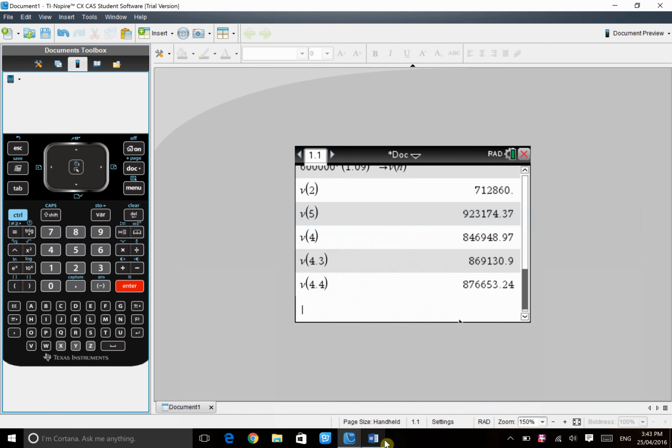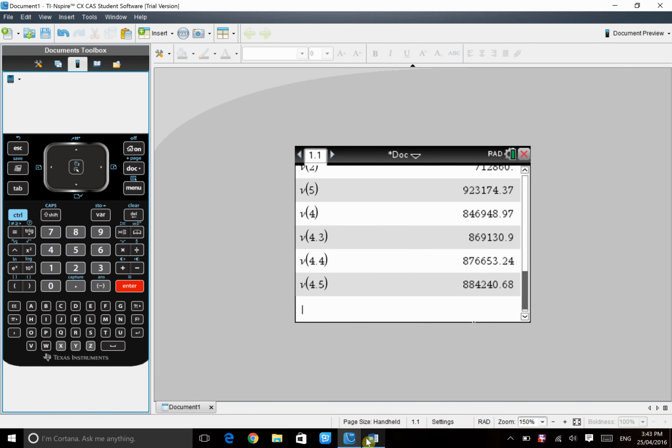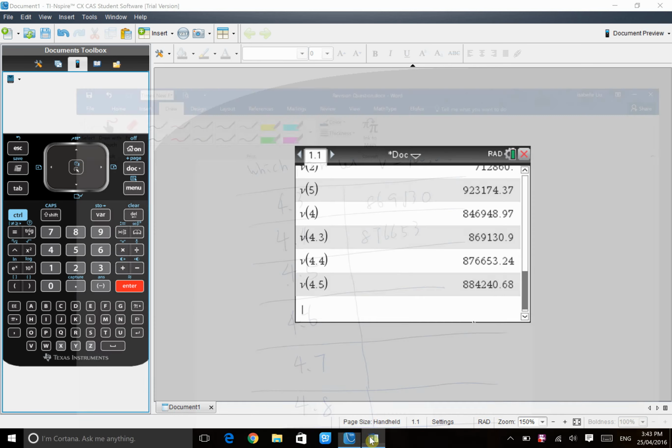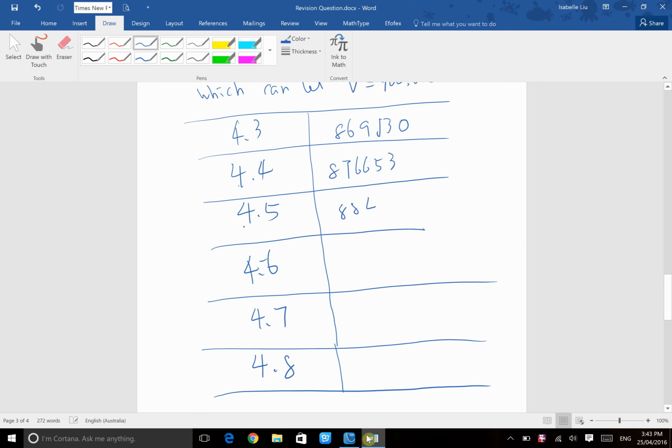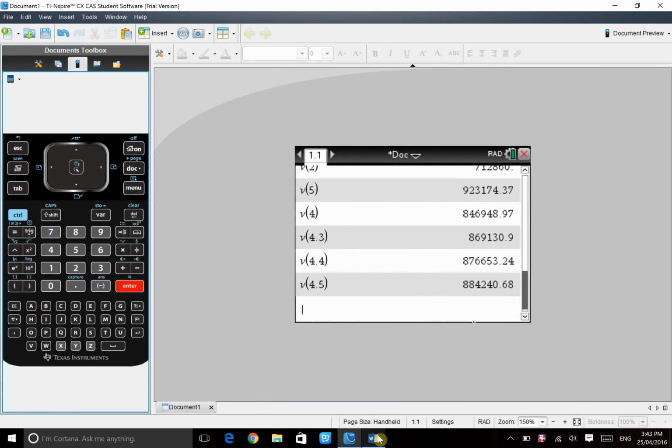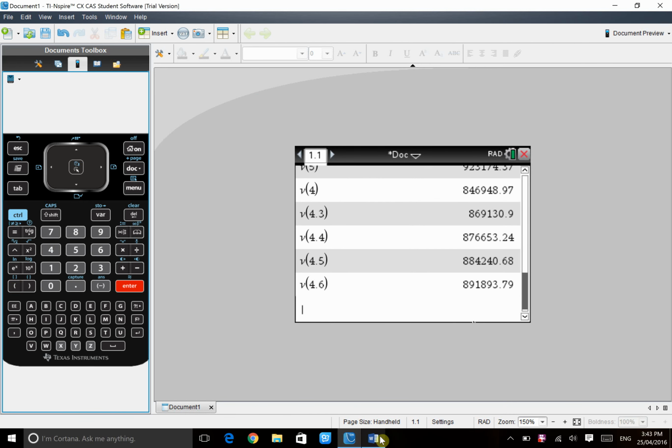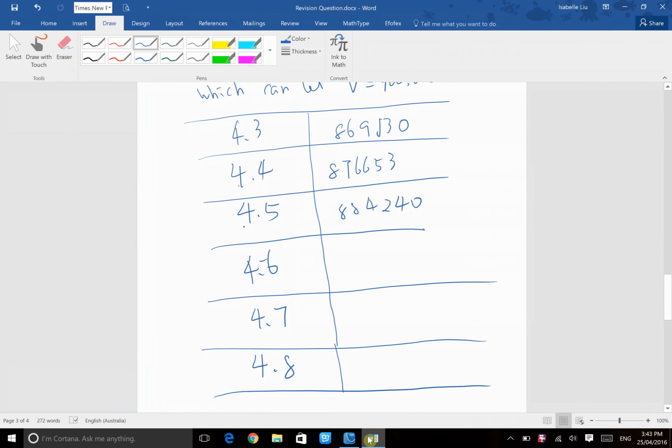Okay, so let's try V 4.5. It's still under, 884240. So it's still not yet. So let's try V 4.6. So 89 is really close now. 891893. Okay. So let's try 4.7.